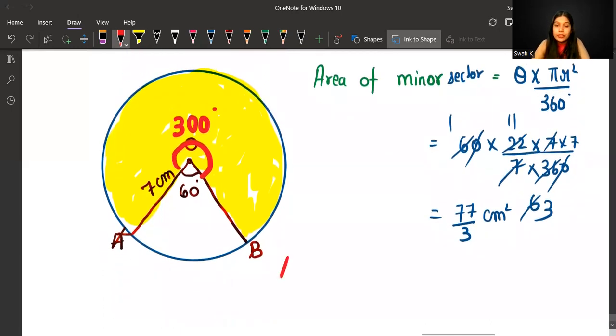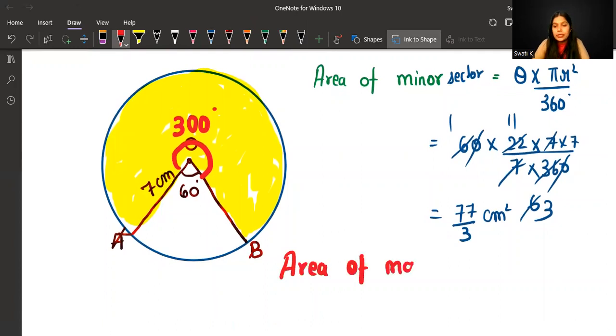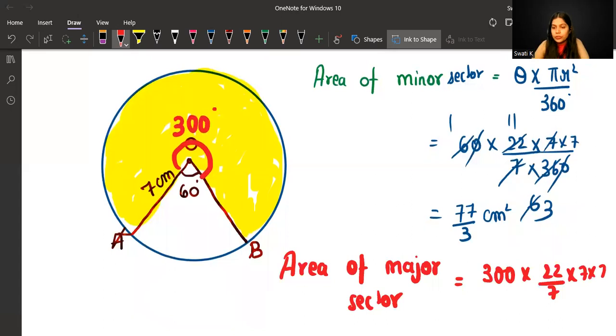So in the same question, without any added information, area of major sector is going to be theta, which is 300, times pi, that is 22 over 7 I'm taking, r square, that is 7 times 7 over 360. Purely 7 will get cancelled, 0 will get cancelled, 6 times 5 is 30, and 6 times 6 is 36. Then you can simplify it, you can put it into decimal, and you will get the answer.